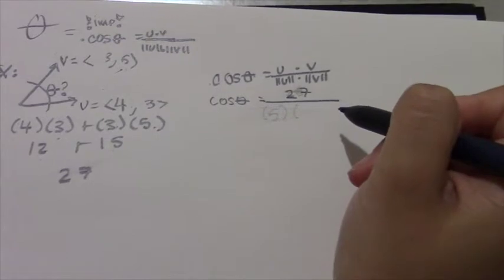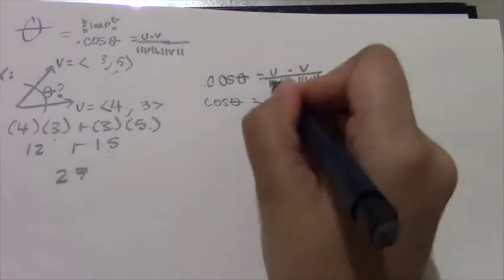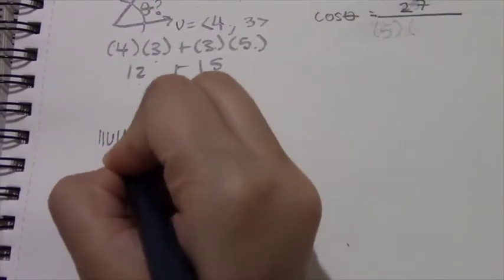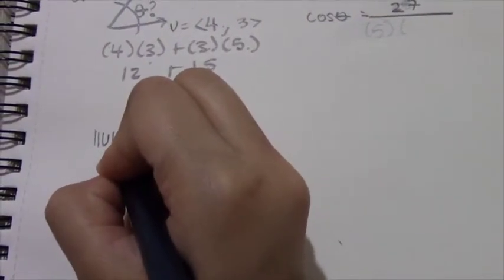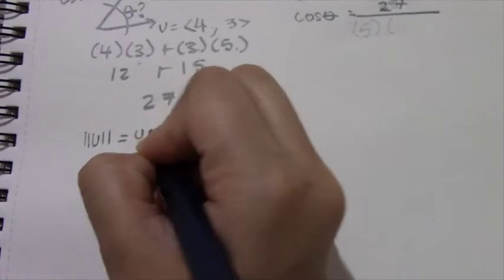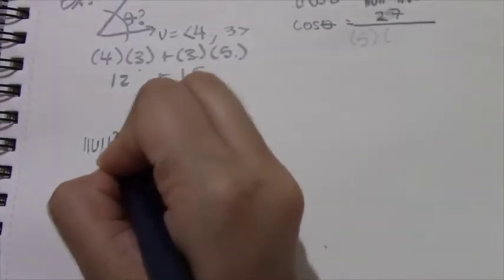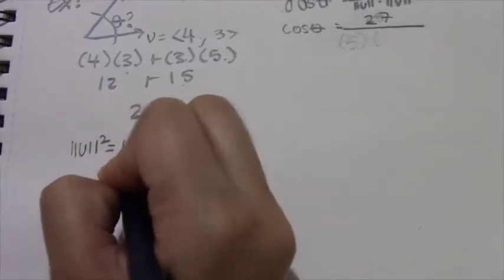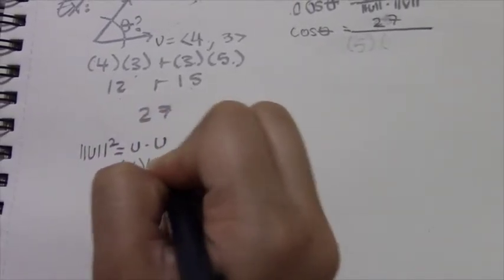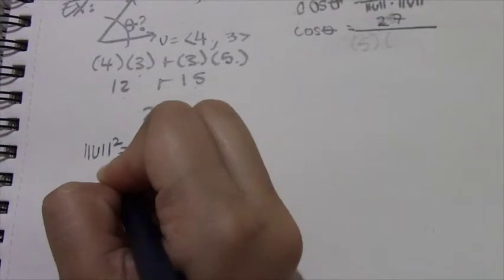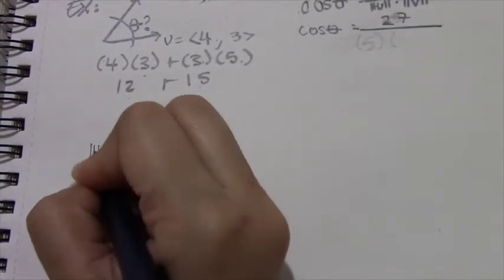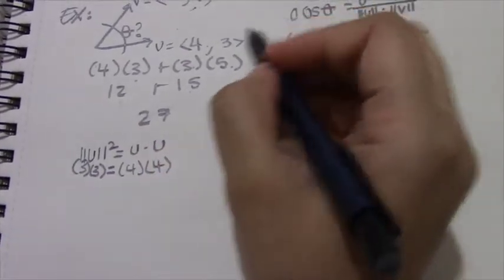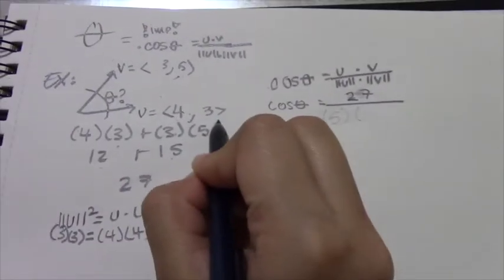But then we have to find our double U. To find it, we have to do U times U. Let's square this. We have to put 4 times 4 and 3 times 3, which comes from our 4 and 3 here.